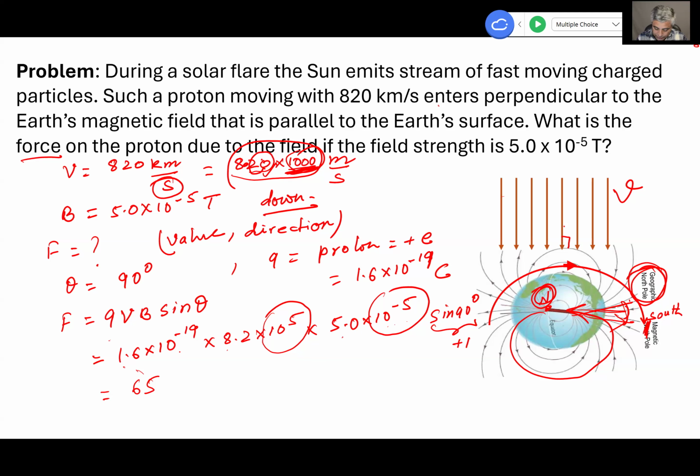Close to that, and 10 to the power negative 19. So if I write 6 point... you guys want to use calculator, okay? So it's going to be a small number. So force is very small.